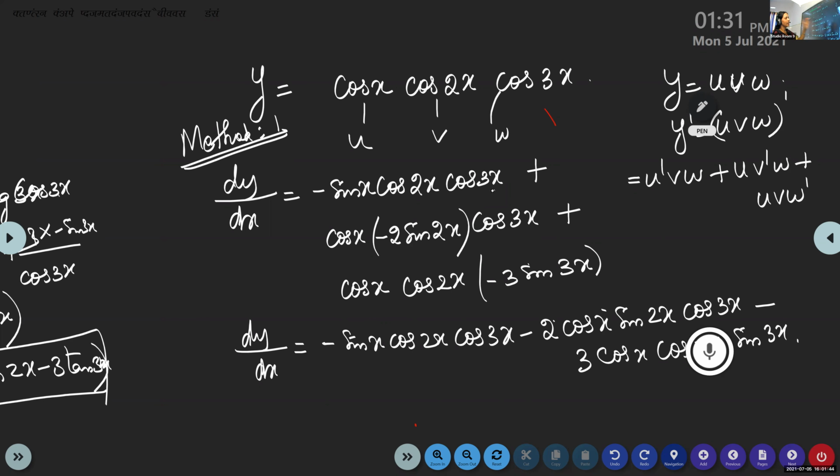Plus, again, derivative of the third function. When we differentiate the third one, first and second one will be constant. We are writing cos x and cos 2x as such. Derivative of cos 3x is minus 3 sin 3x. When we simplify and write this one. Is it okay, Nandana? Yes, ma'am. Okay, product rule for three functions. If it's not for 3, you can extend it for any number of functions.